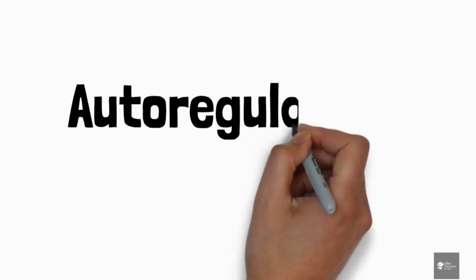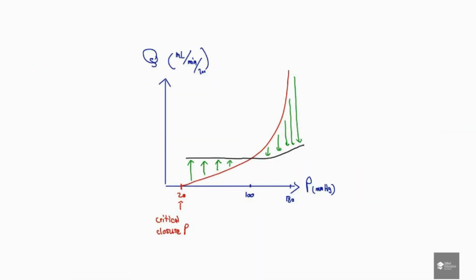Now let's talk about this change. Autoregulation. So what is autoregulation? In a rigid tube, where there is no elasticity, there will be a linear relationship between the flow and pressure. However, due to elasticity, we're going to have something like this red line. But in autoregulation, this does not happen, because, for example, when the pressure goes above some number, the flow shouldn't rise and should stay at the same level.